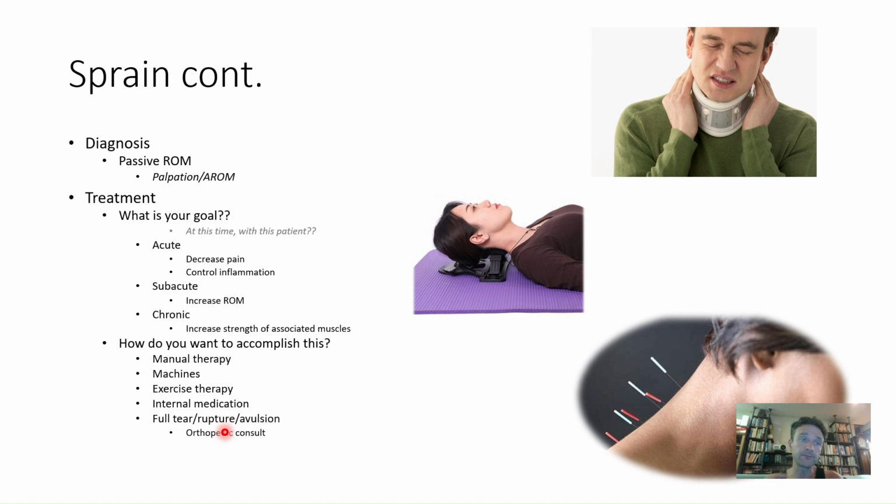So in general, when we're diagnosing sprains, we're going to use passive range of motion. Yes, you could use palpation, you could use active range of motion, but I think the best test to do in office would be passive range of motion, short of, say, imaging. So passive range of motion is where the practitioner guides a suspected body part through a range of motion, looking at which directions are limited and/or painful and which are not.